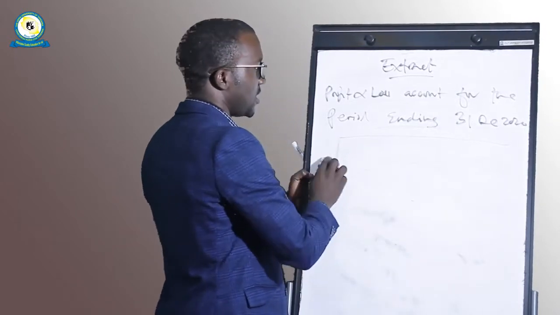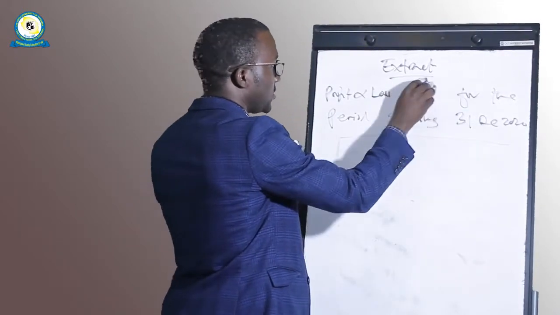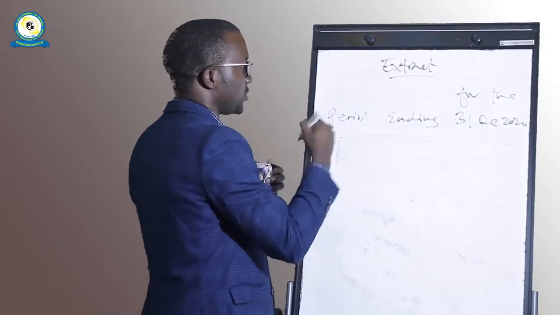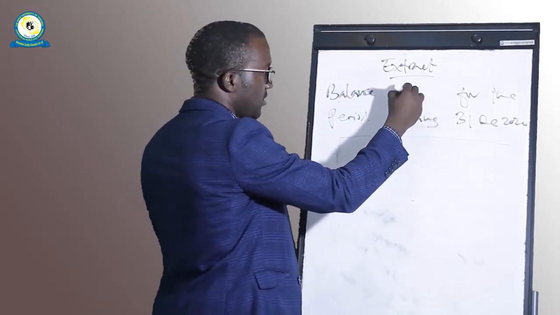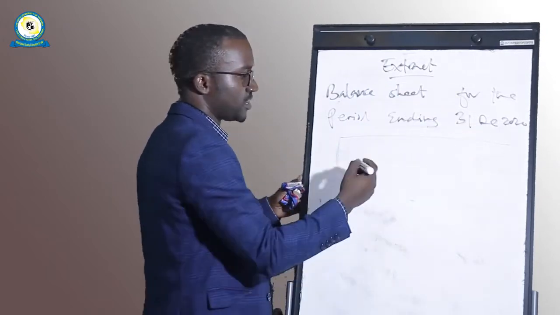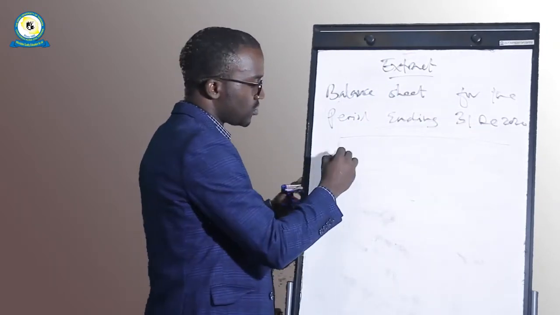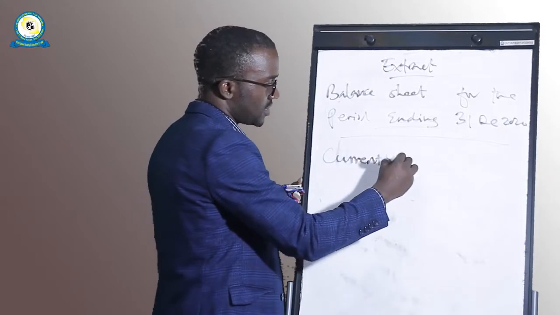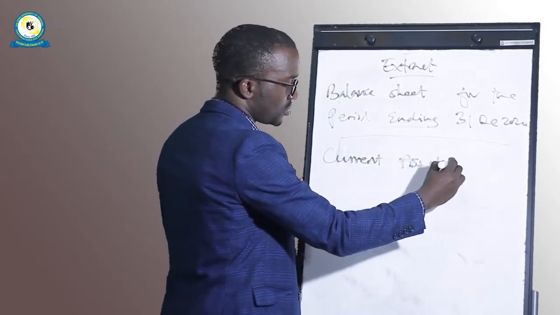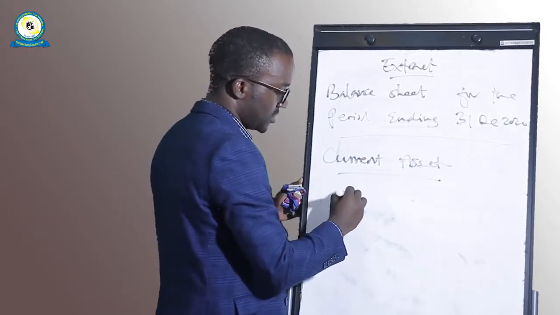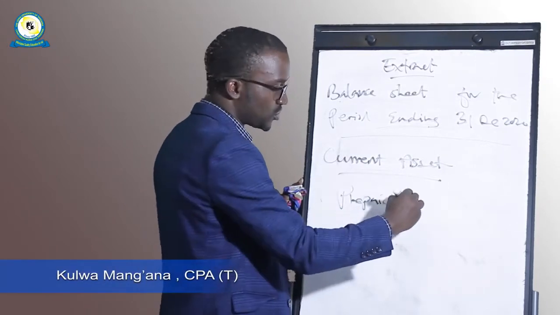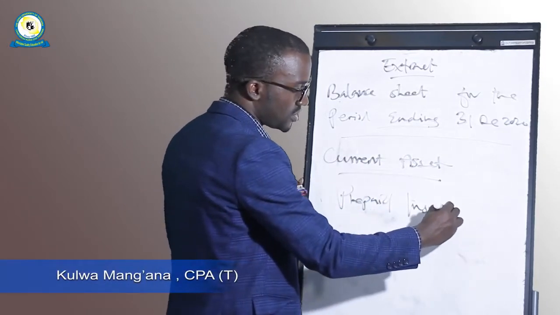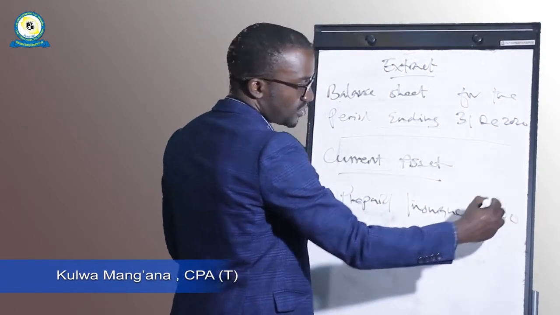Again, an extract of the balance sheet. You're going to write here a balance sheet for the period ending that. That amount is going to be under the current assets. Now we know that these are prepayments, so you have to write here prepaid. This is prepaid insurance, or insurance prepaid, of 100.